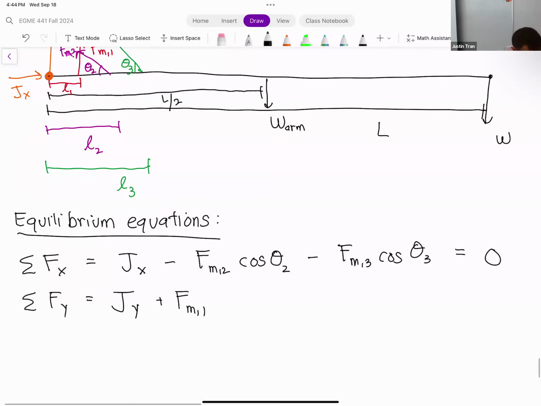So we have plus Fm1. Fm1 is pointed vertically upwards, so we don't need any sine or cosine here. We have plus Fm2. We need the vertical component, so that's going to be Fm2 sine θ2. Same thing for Fm3: Fm3 sine θ3.